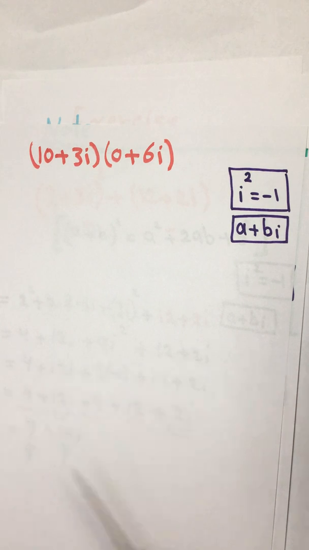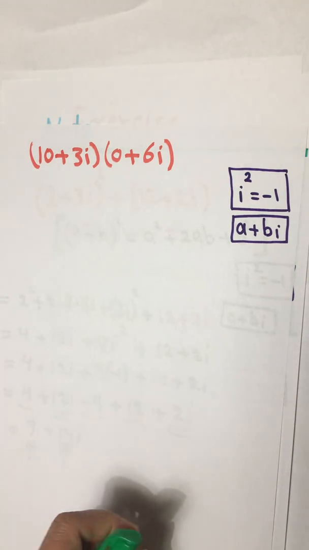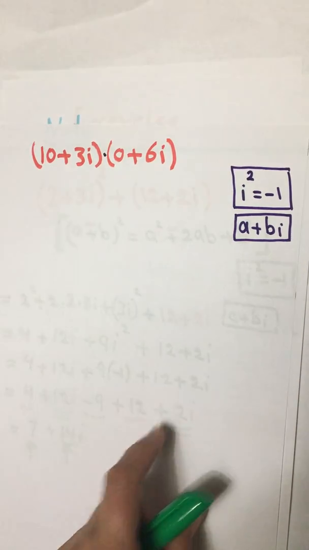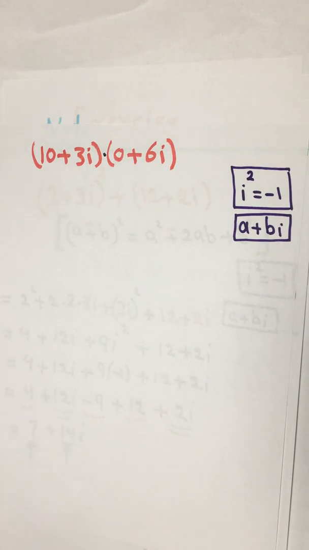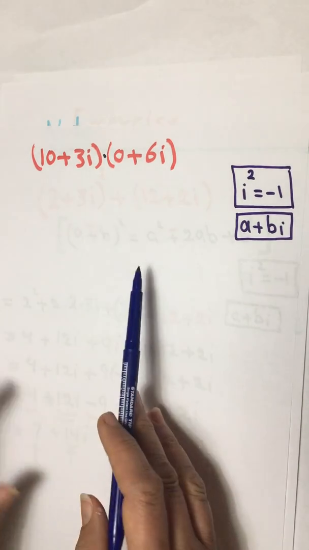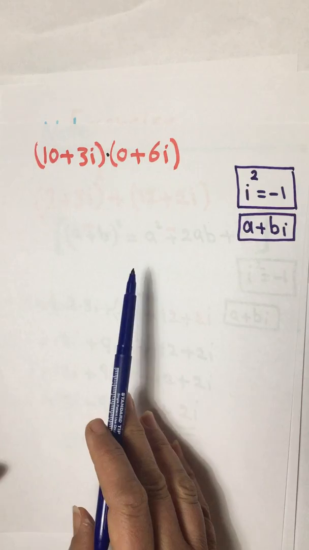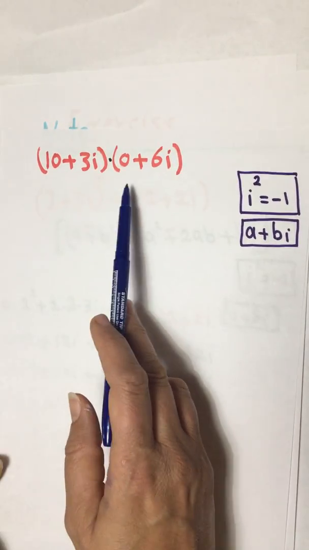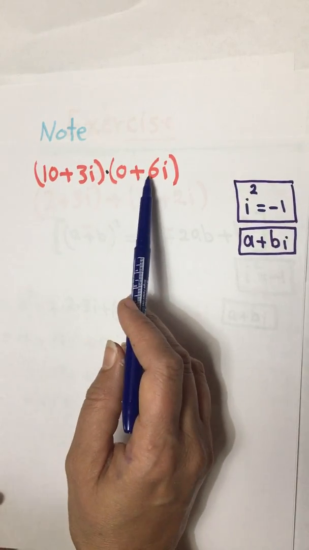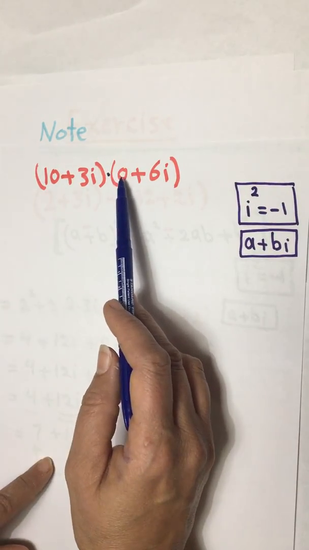10 plus 3I times 0 plus 6I. So I have multiplication right here. عندي ضرب بين الأقواس. 0 plus 6I, it's gonna be easier if I write it down as 6I. يعني 0 زائد 6I راح تكون أسهل إذا أكتبها بس 6I، لأن هنا عندي 0.